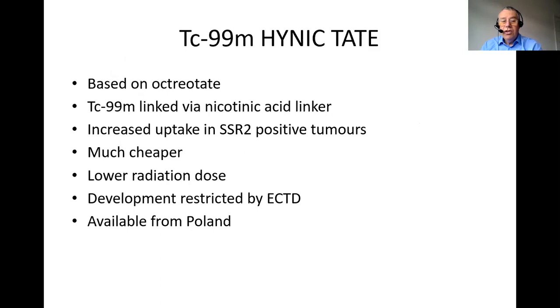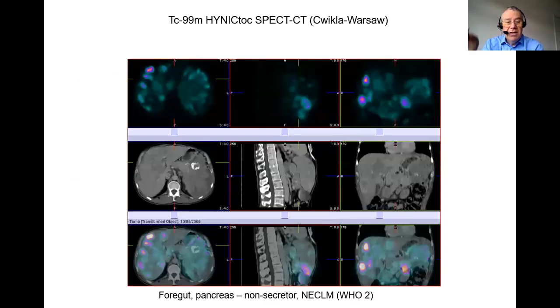Technetium HYNIC TATE can also be used. This is much more widely available now, but this is produced by Poland. Its development was initially restricted by the European Clinical Trials Director, but I think it's now been licensed almost across the whole of the European Union and also in the UK and several other countries as well. It's much cheaper than the indium product because you don't have to buy expensive indium.